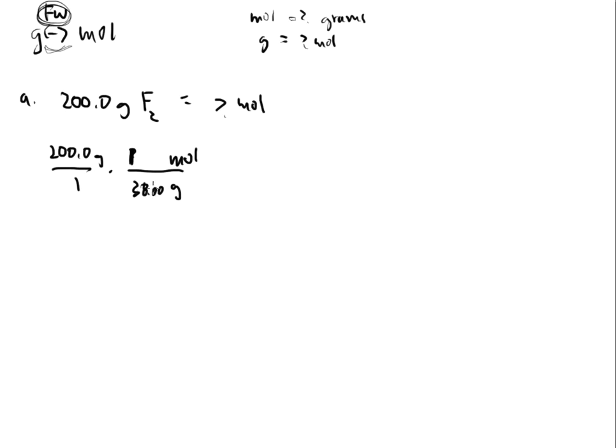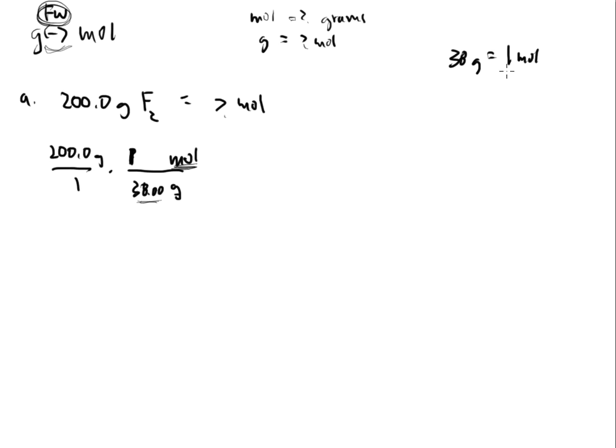You have to make sure that you're putting the numbers at the right location. That's what all of this is about, right? So formula weight, 38 grams is 1 mole of fluorine. That's what formula weight stood for, right? Well, here is the gram unit. That's where formula weight needs to go. There's my mole unit.